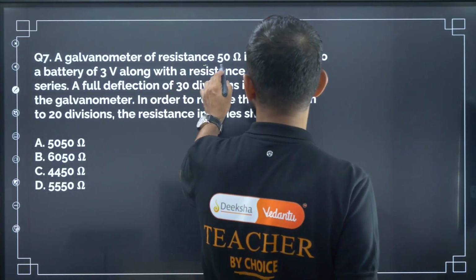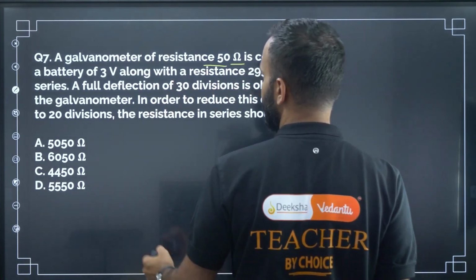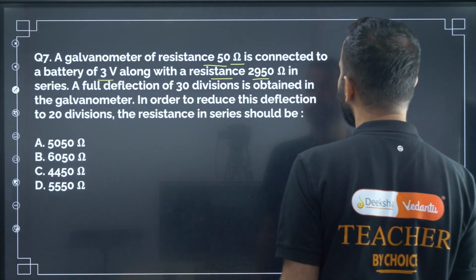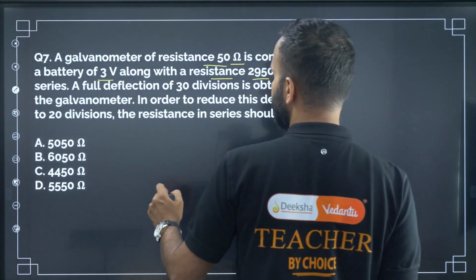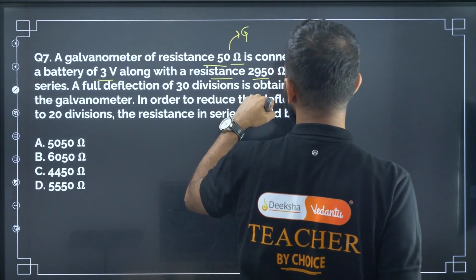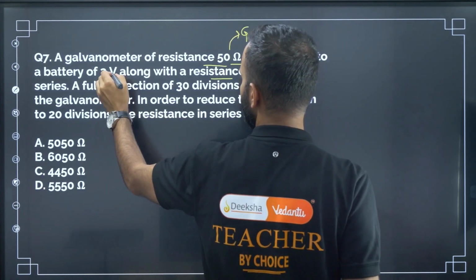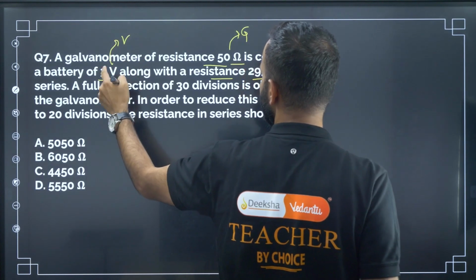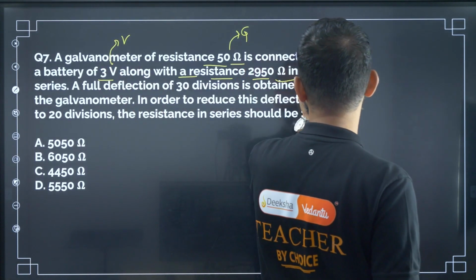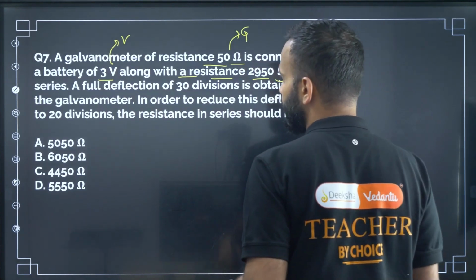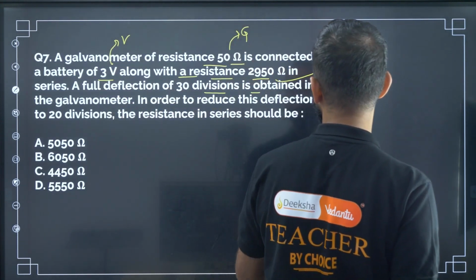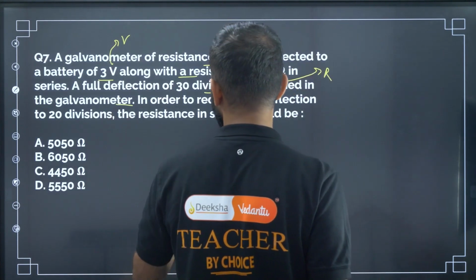The next question, question number 7. A galvanometer of resistance 50 ohm is connected to battery of 3 volt along with the resistance 2950 ohm in series. So here the resistance of the galvanometer is G, 50 ohm. It is connected to a battery of V equal to 3 volt along with the resistance 2950 ohm, that is R, in series. A full deflection of 30 divisions is obtained in galvanometer.